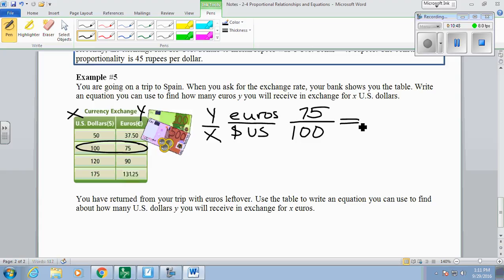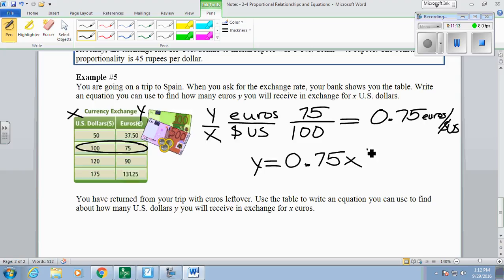I'm going to divide that out to now get a unit rate of 75 hundredths euros per US dollar. So my unit rate, I now will say Y equals MX. Instead of putting M down though, I will put my unit rate in place of the M, and I get Y equals 75 hundredths X.